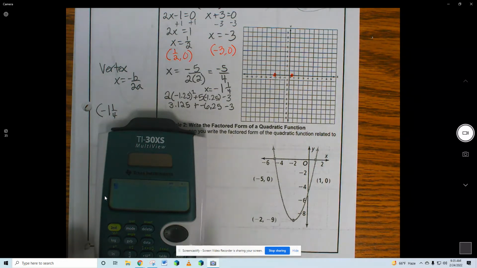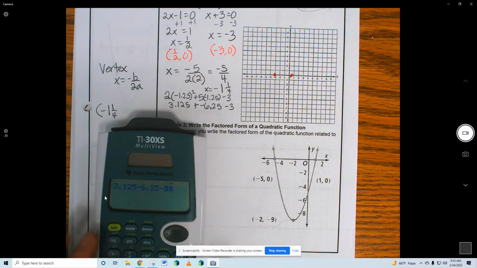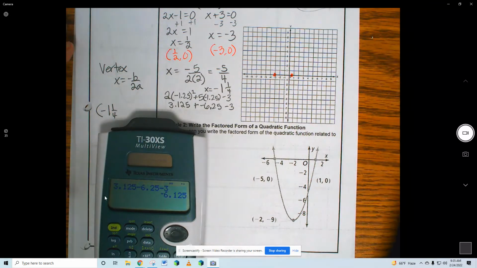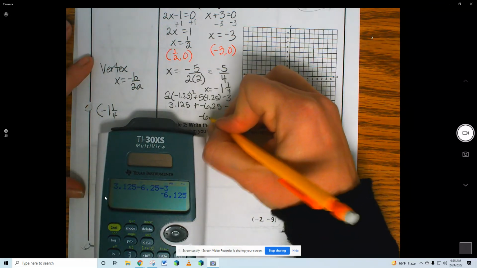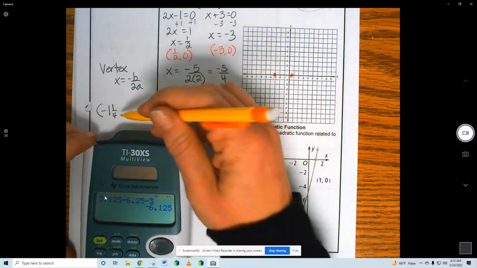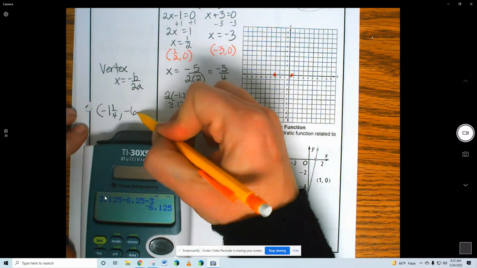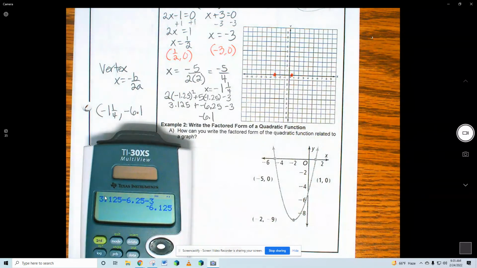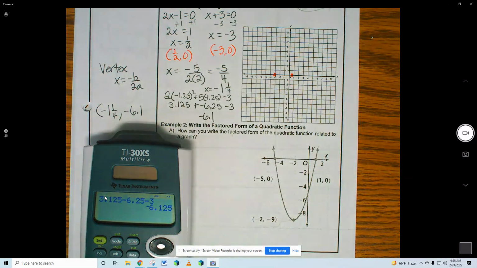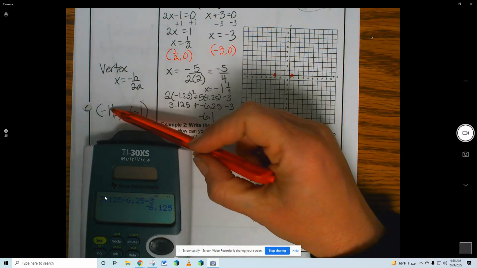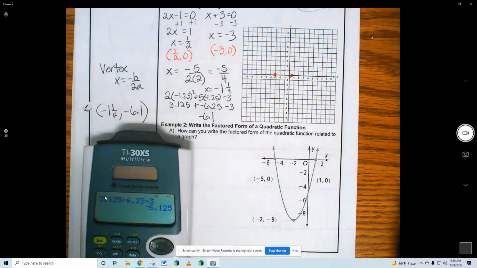So 3.125 minus 6.25 minus 3. Negative 6.1. So my vertex is negative 1 1/4 and like negative 6.1. So 1 1/4 to the left, down 6.1.